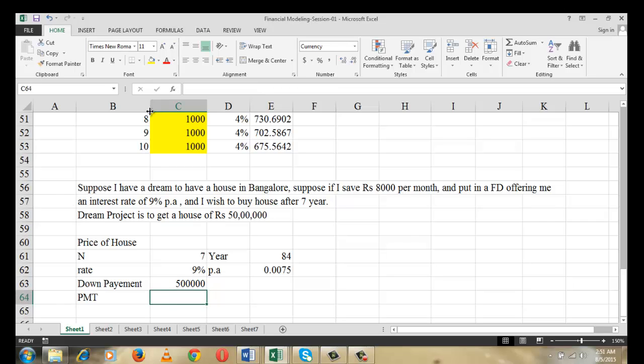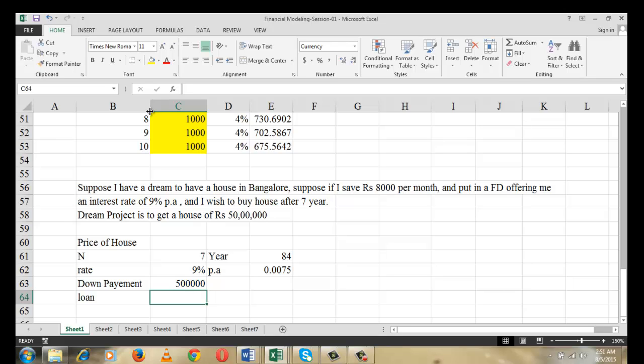Now the loan that I'm going to take: suppose I want to buy a house, and I'm not going with the earlier option because 42,000 rupees per month as an EMI is not at all a feasible solution for me.